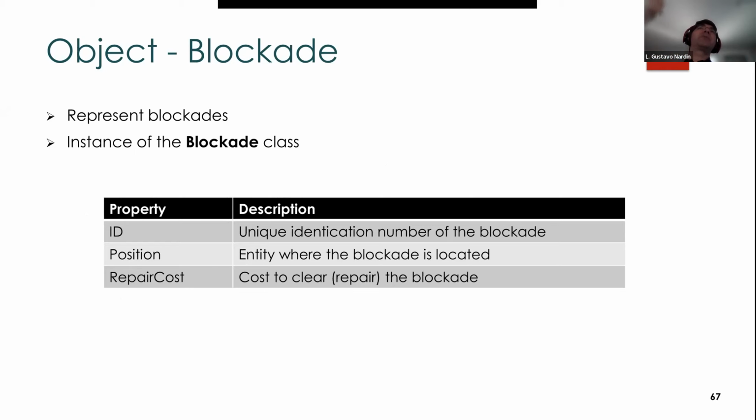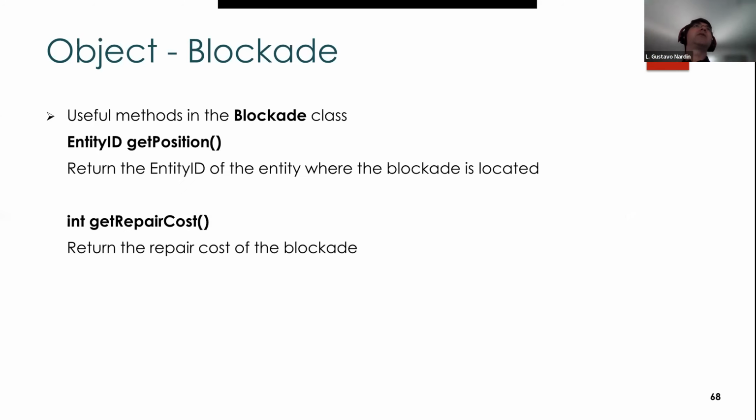The clear repair rate is a number that, when the police officer applies an action of remove blockade, reduces the repair cost of a blockade up to a point that it becomes zero and there is no more blockade. Okay. So for a blockade, you can get a position, which is the entity where it is located, and you can also obtain the repair cost.